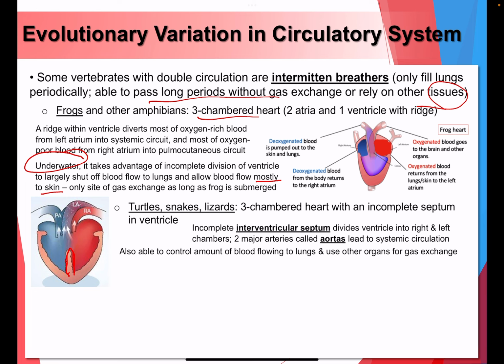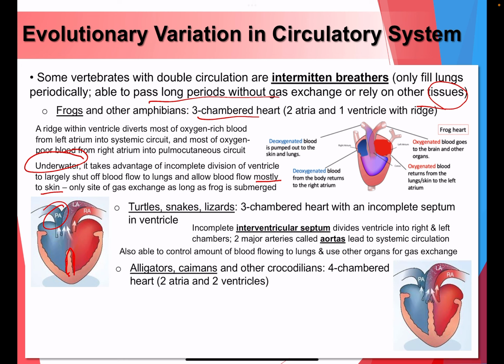There are two major arteries called the aortas that lead to systemic circulation, such that when the animal is underwater, it blocks off the flow to the lungs so that it just circulates over the systemic circuit. So the pulmonary artery, or the PA here, is not functional when these animals are submerged because the lungs are not used. So deoxygenated blood gets shunted elsewhere for oxygen.